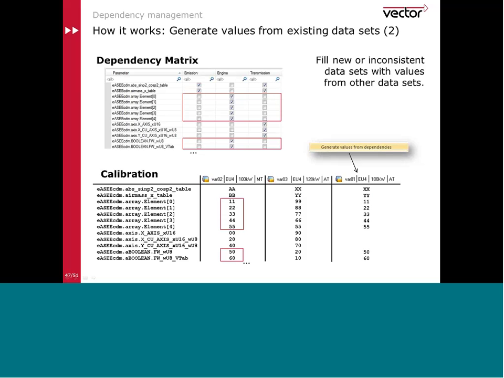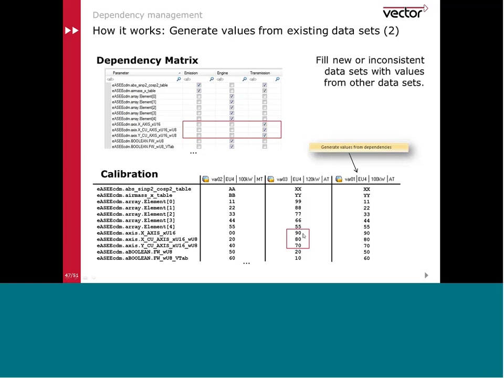Let's go ahead. It will also take these values out of variant 2. Why? These labels all are dependent directly on engine. And variant 1 is 100 kilowatt, same as variant 2, it's also 100 kilowatt. So I can take all the values out of variant 2.